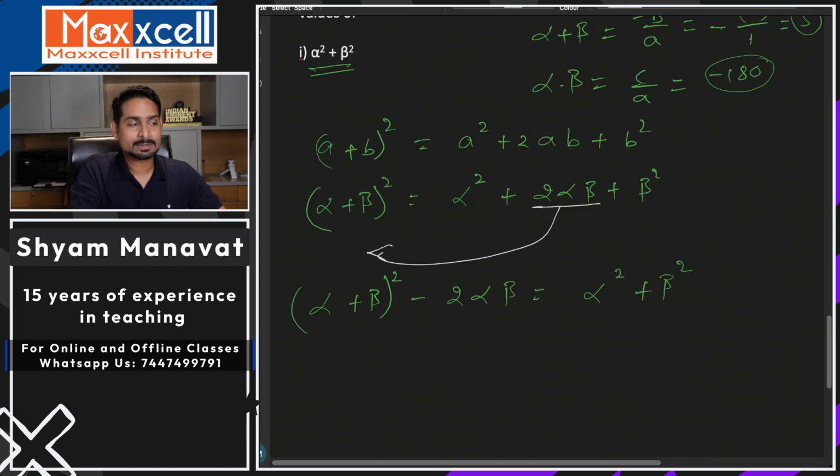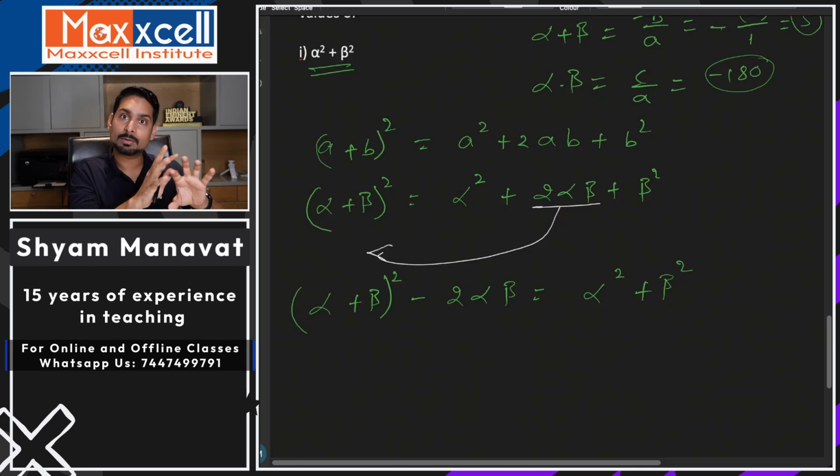Now you may ask the question, sir, how do you know that this formula has to be applied? Guys, maths is all about practice. You need to practice to understand, to get this link between how we get alpha square plus beta square from a plus b whole square formula. Practice, I am telling you. Solve level of difficulty 1, which is concept builder, and level of difficulty 2, at least 40-45 questions, and around 20-25 odd questions of level of difficulty 3.